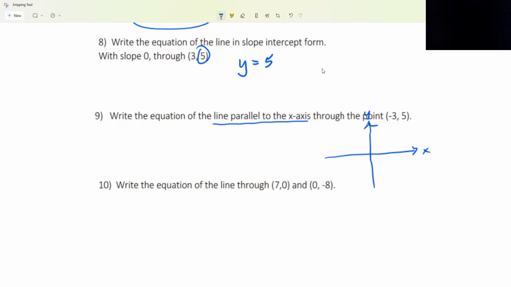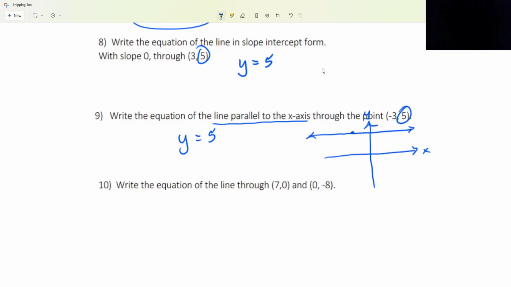So the line that they're talking about that's going through this point is a horizontal line. So if you were to plot negative 3, 5, like you go over 3 and you go up 5, let's say it's right there, you put a line right through it, just like we did before. We just say, hey, what's the y coordinate there? So y is equal to 5.